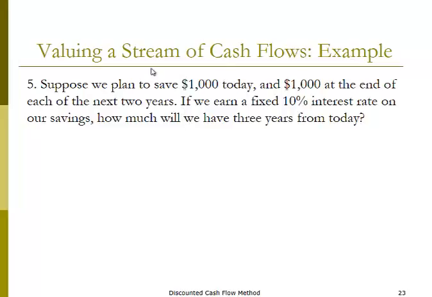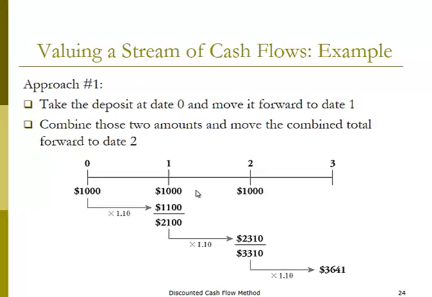So how much will we have 3 years from today? Now this is clearly asking for future value of those three payments. Okay, so we have a timeline here. 1,000 happening today, 1,000 year one, 1,000 end of year two.